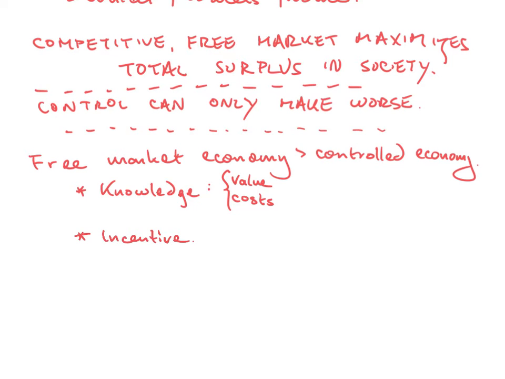But if I am spending my own money, I have an incentive to purchase the good only if I value it more than the cost of producing it. So there are incentives for both consumers and producers to behave in the right way in a market economy.